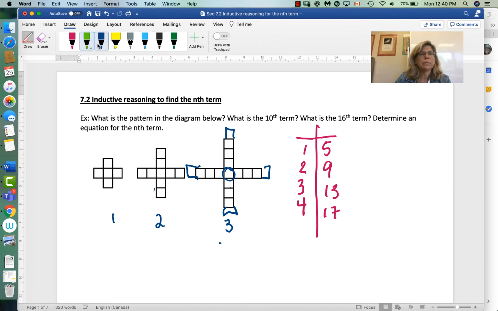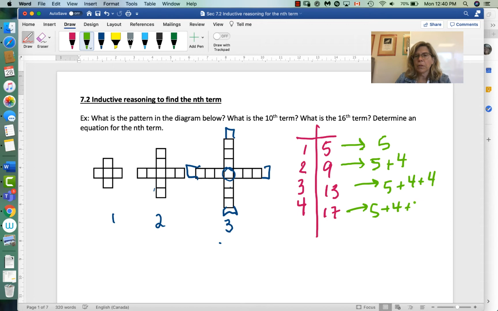Suppose the first one is 5. The second one is 9 because there's one more set of 4 added on, so that's 5 plus 4. And the third would be 5 plus 4 plus another 4, because we keep adding 4. And then 17, similarly, would be 5 plus 4 plus 4 plus 4.